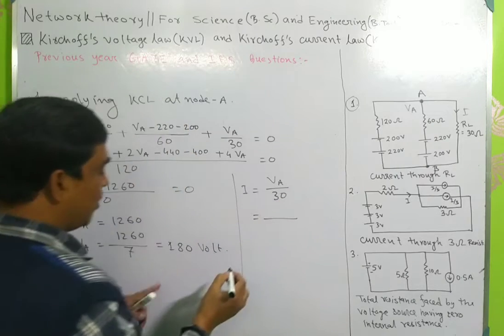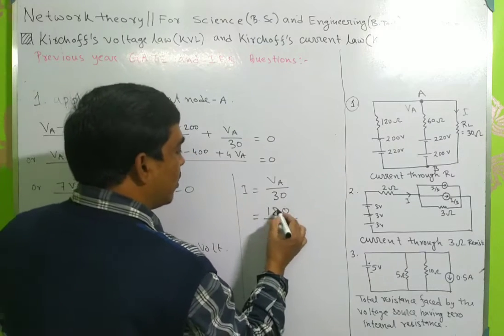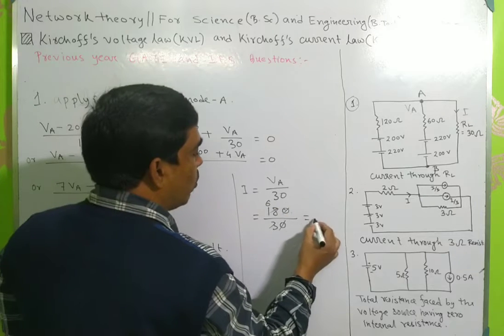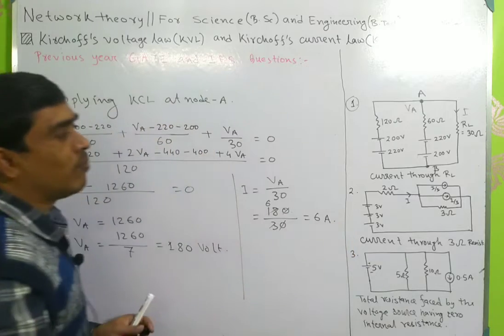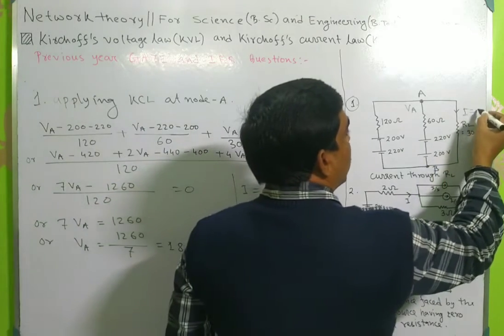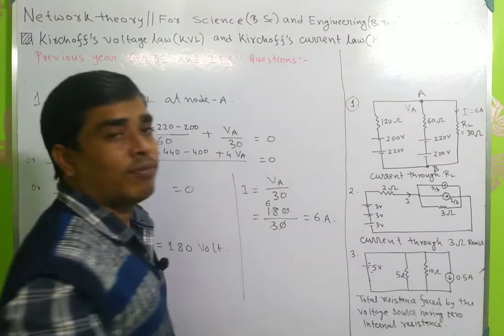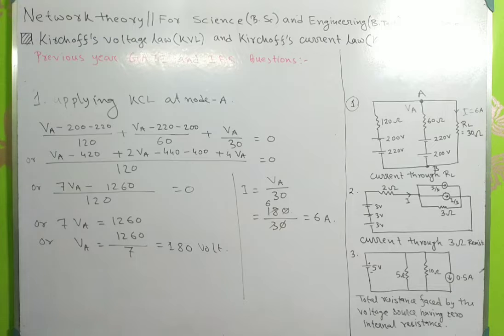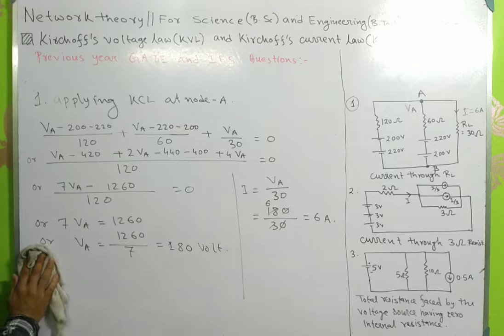VA is 180, so 180 divided by 30 will be 6 ampere. So the current through this 30 ohm resistance is 6 ampere. Okay, so I have solved problem number 1.